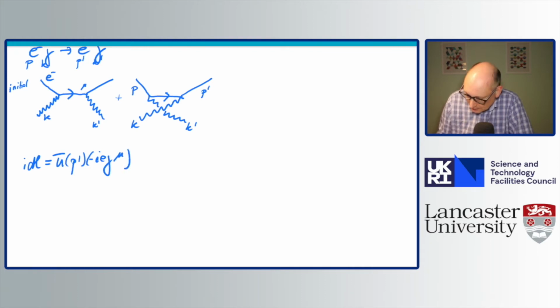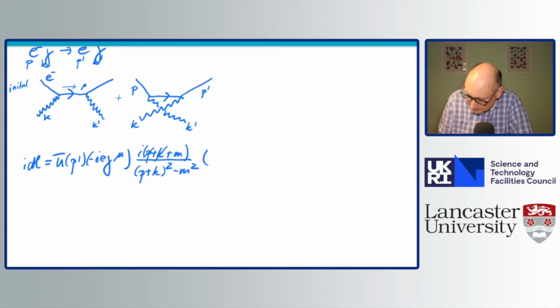Then there will be a fermion propagator, and from the first diagram here, that fermion propagator will be of momentum P slash plus K slash. Momentum flowing across here is P plus K, plus M over P plus K squared minus M squared.